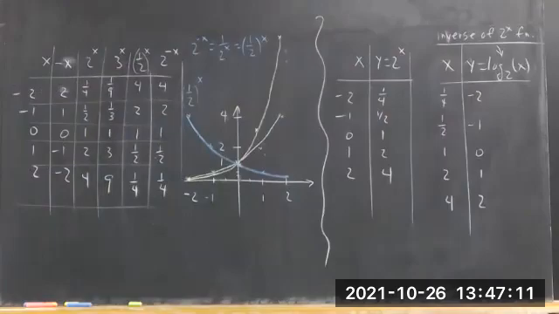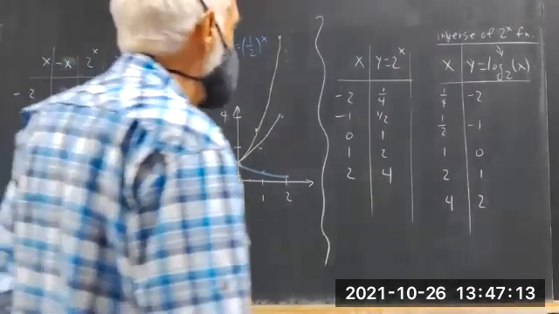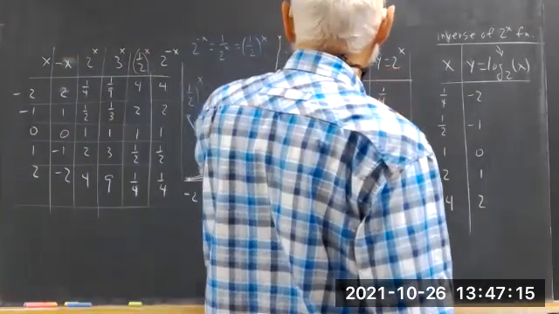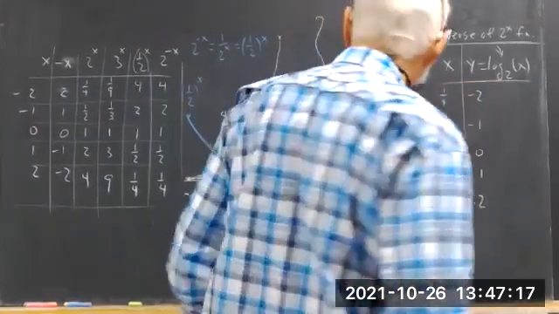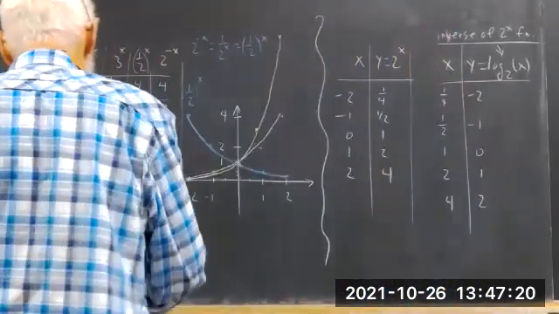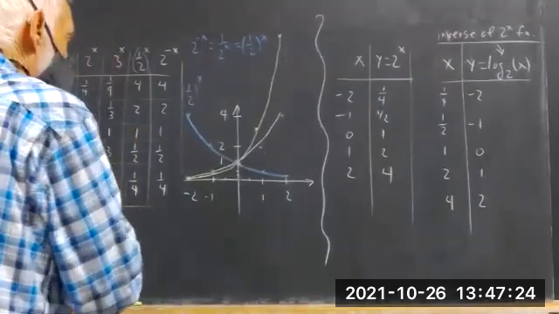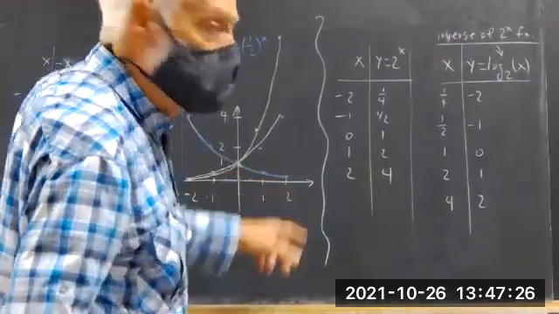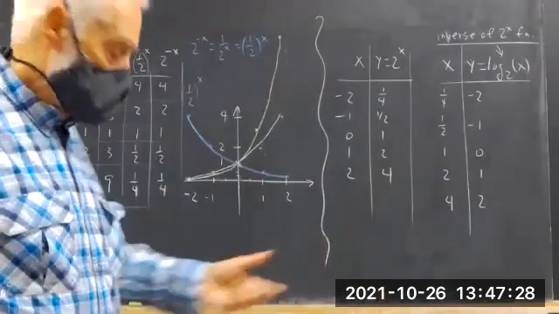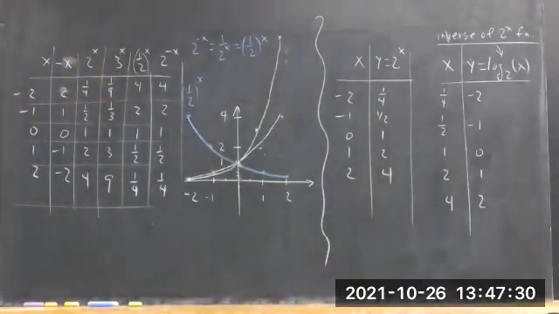Now, how are you going to make the graph? Well, we know what the graph of 2 to the x is. What's the graph of the inverse function? I can draw the graph of the inverse function based on the graph, because that's the first thing we did, and I showed you how to do it, and hopefully you remember.